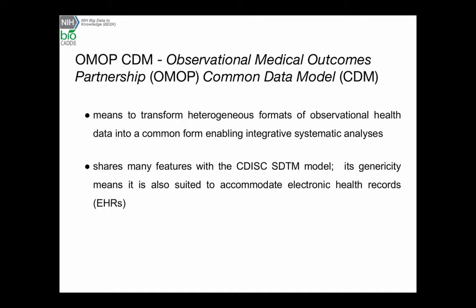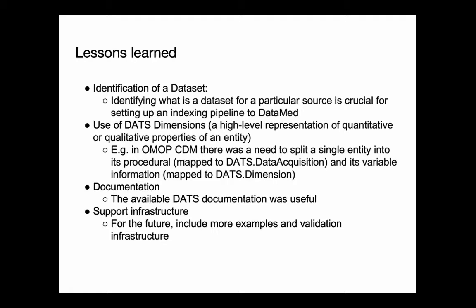Also, specific to this model, there was the impression that the DATS model was somehow focused on a study-centric element, and sometimes that was not easy for people coding information in OMOP to represent. So the lesson learned was that we need to improve on how to identify the data set from particular sources and how this is done through the indexing.